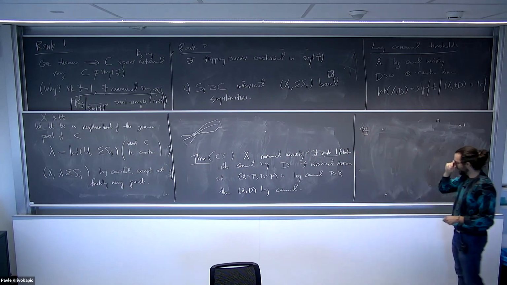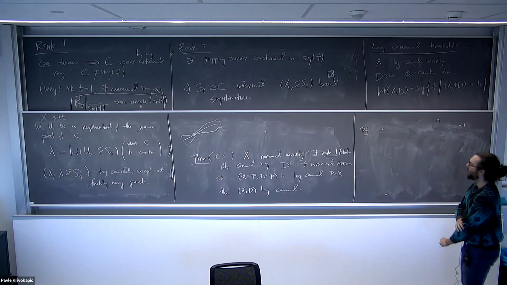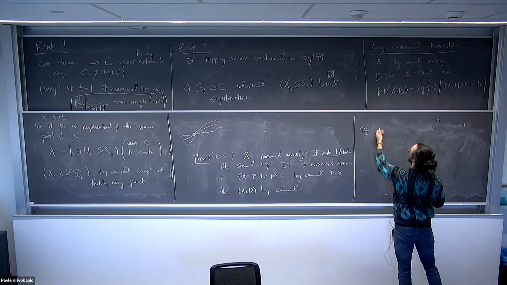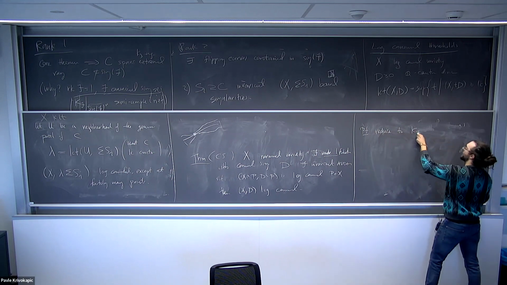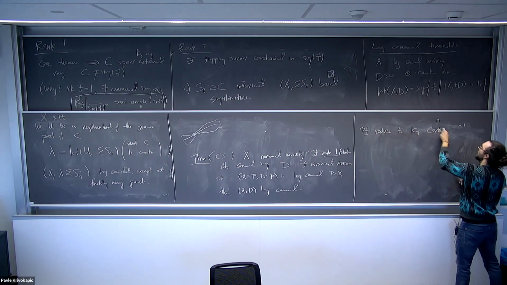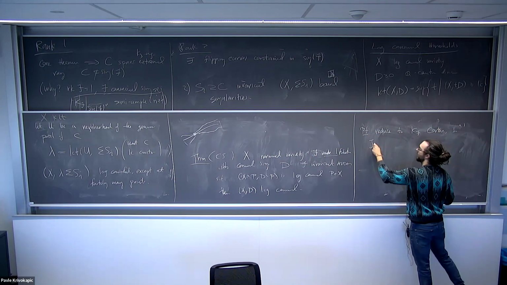So the proof of this is actually kind of simple. What we can assume is you can reduce to the case of K_F being Cartier, so F is generated by a vector field.